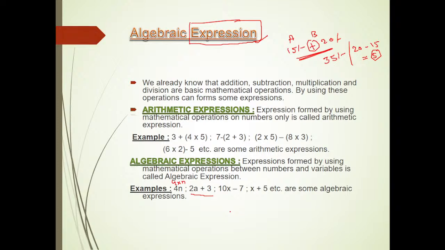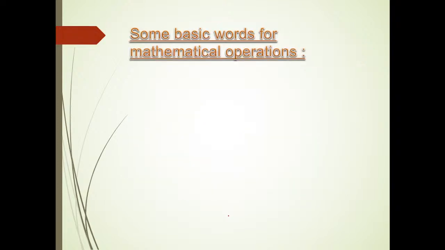And we can also learn some basic word problems. These are day-to-day applications, and these are the words related to our algebra which help us to better understand and perform in this algebra chapter.